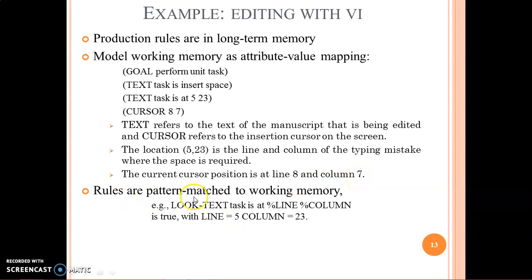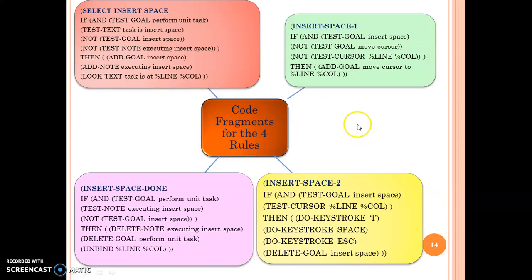The rules are pattern matched to the working memory as shown over here. There are 4 types of rules which we can see over here. So there are code fragments for 4 different types of rule. One is select insert space, the other one is insert space done, then insert space 1 and insert space 2.